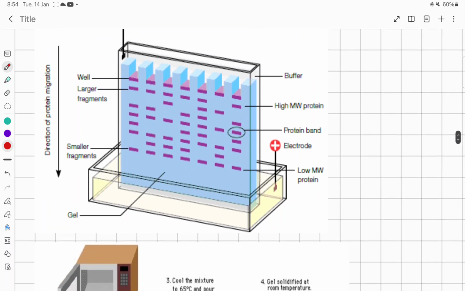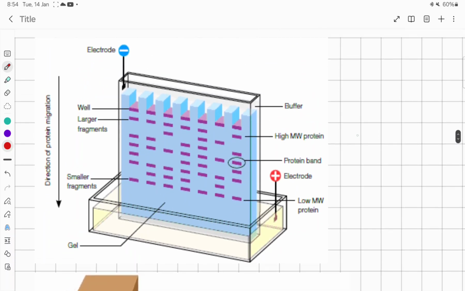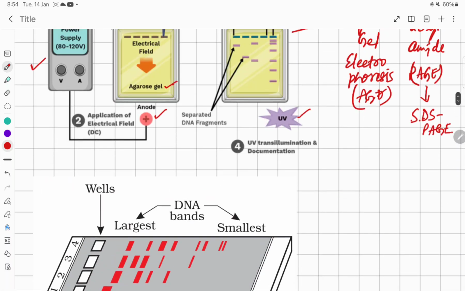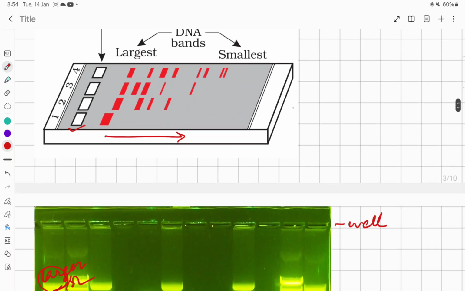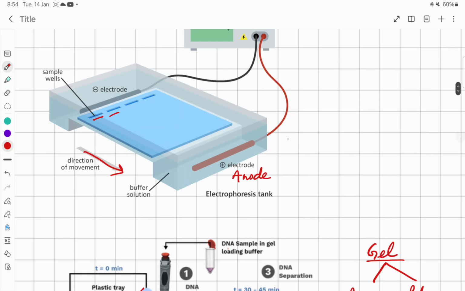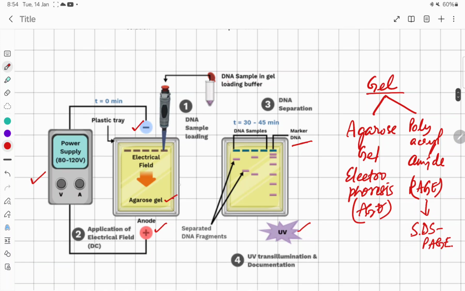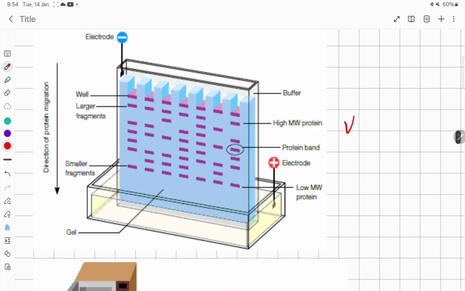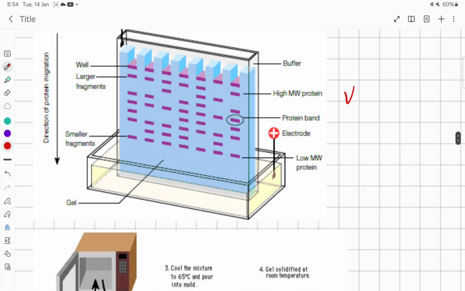This is a vertical one, and this is a horizontal one. Mostly the agarose gel electrophoresis is horizontal, and the polyacrylamide gel electrophoresis is vertical.